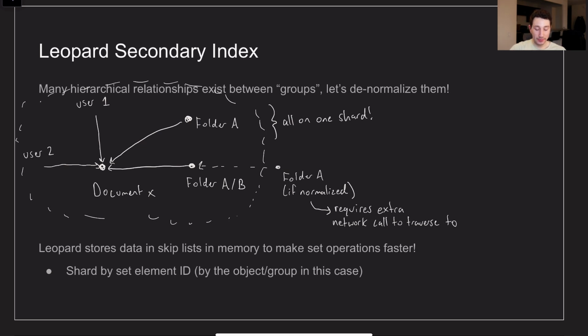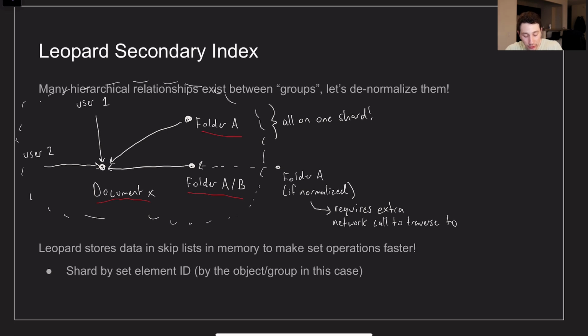Another system that we've added in Zanzibar is called Leopard. Leopard is going to help us denormalize the data that we have as a result of these graph relationships. One thing that is fairly problematic and makes dealing with this data hard is all of these nested relationships, right? In the intro slide, I drew there's a document X over here that's part of a folder A, and then there's also folder A/B.